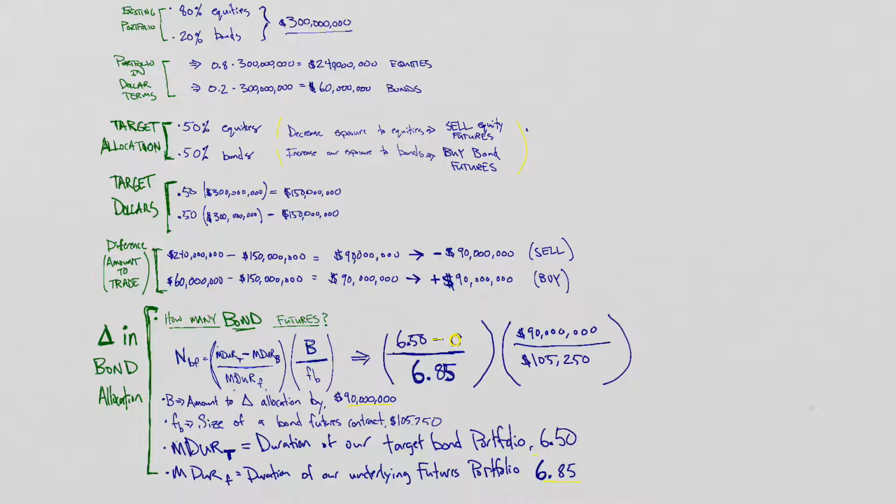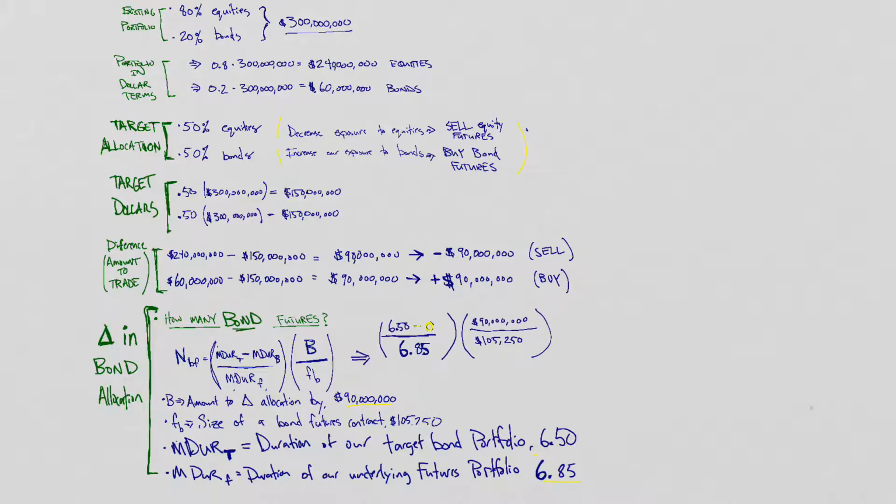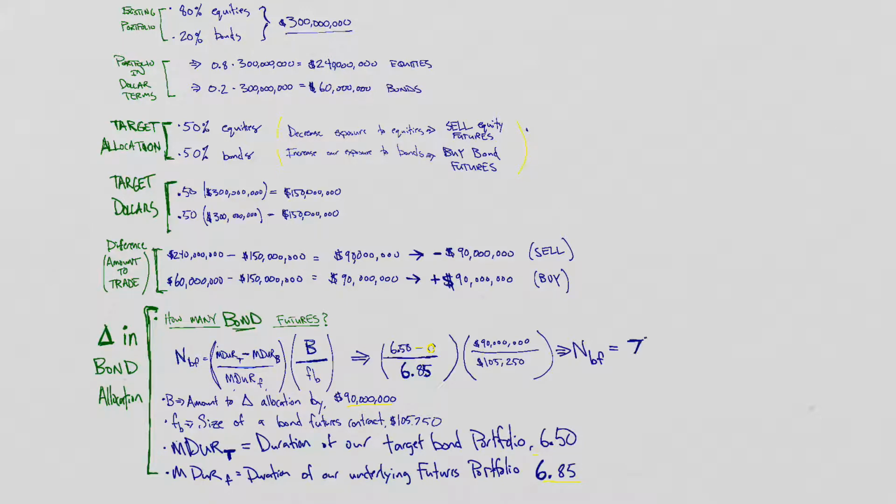So, simplifying these two terms here tells us that the number of bond futures that we need to buy is 771.97. That's pretty close to 772. So let's just call it 772.